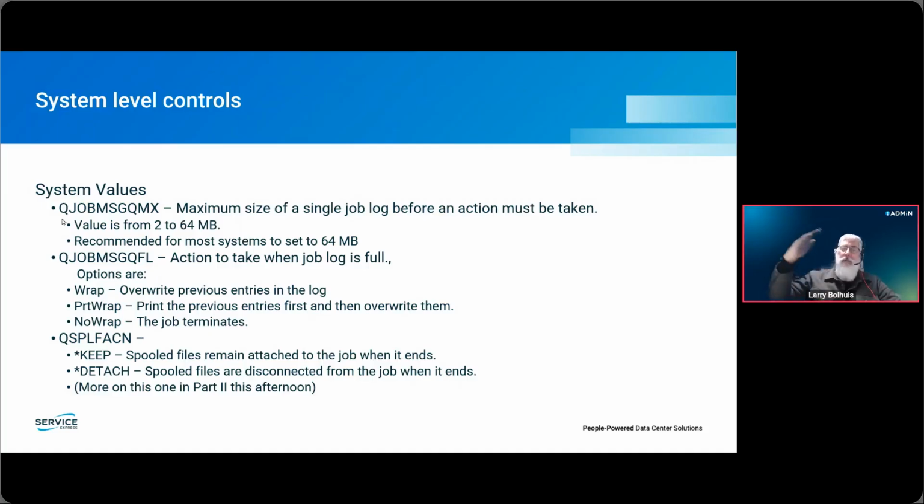If you keep wrapping, and you've probably seen this if you've been on the platform for any long period of time, you'll see a job that has 7 or 8 or 9 or even 10 or 15 job logs. And you realize, oh, that's just segments of the job log, right? Every 64 megs or whatever the job message queue max size is set at. So it's a thing to know. I like the print wrap because then you don't lose that detail. That's important.